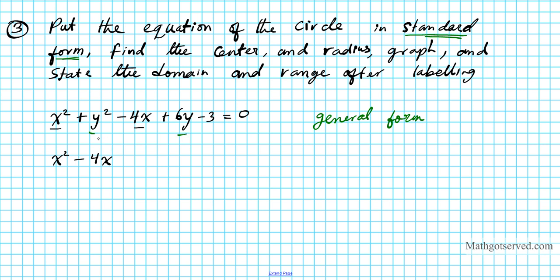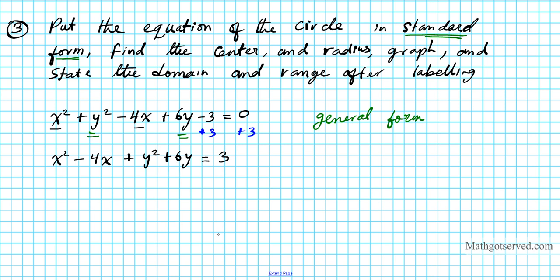I'm going to put them next to each other on the same side of the equation. So plus y squared plus 6y. And then this -3, I'll toss it over to the other side. How do you move it over to the other side? You do the opposite, you just add 3. Okay? And now equals 0 plus 3, equals 3. All right? Now we have the x's together, the y's together, and a constant on the other side.